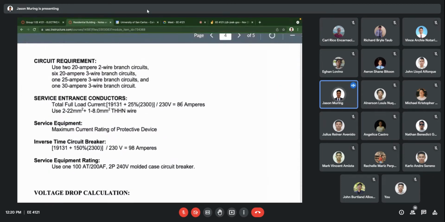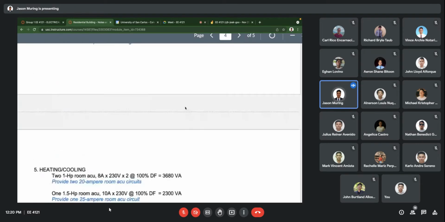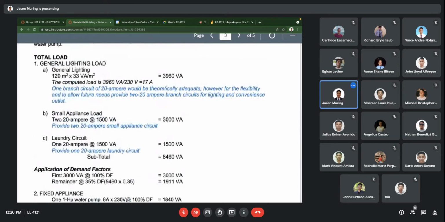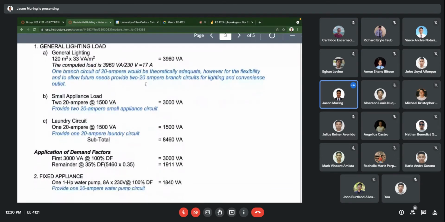This is the demand for that conductor. So we use this in the calculation of voltage drop, and also for each of these branch circuits. Again, we have to base it on this current instead of the rating of each branch circuit.